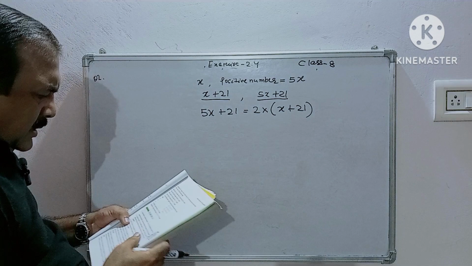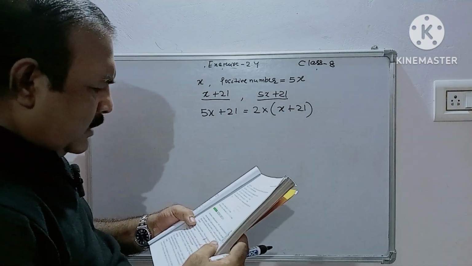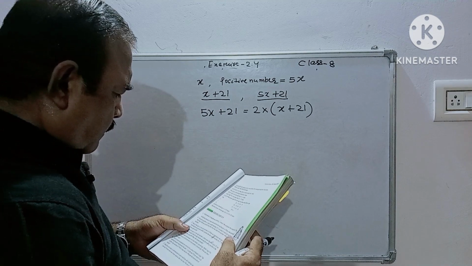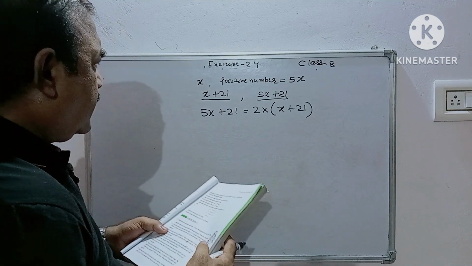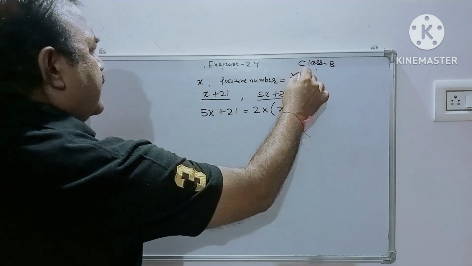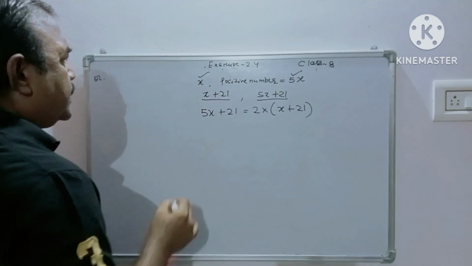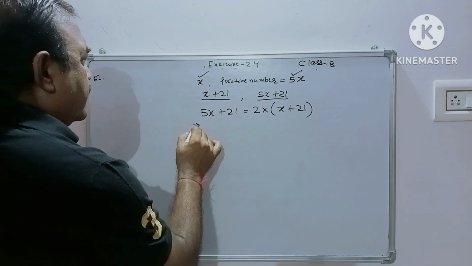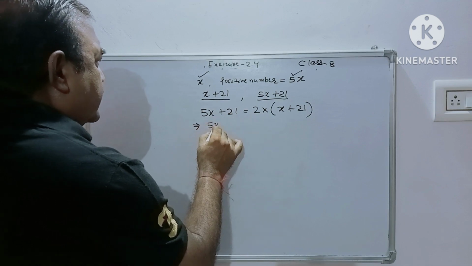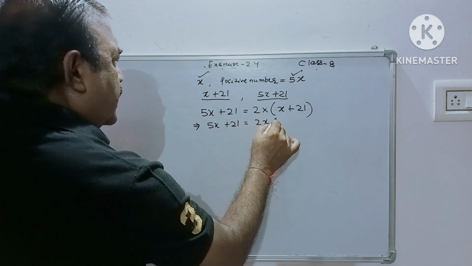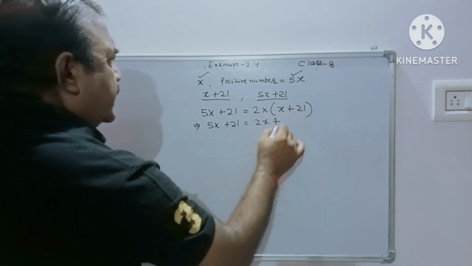So this is the equation and we have to solve it so that we can get the required two numbers, that means the positive number and x. So 5x plus 21 is equal to 2x plus 2 into 21, that is 42.